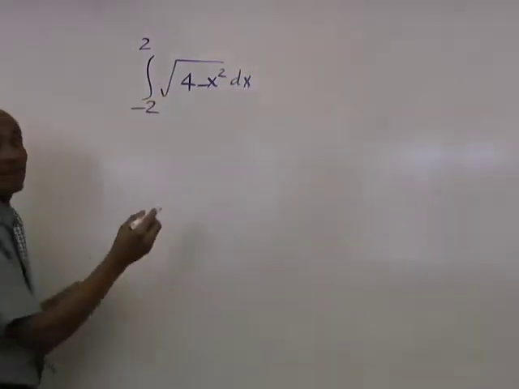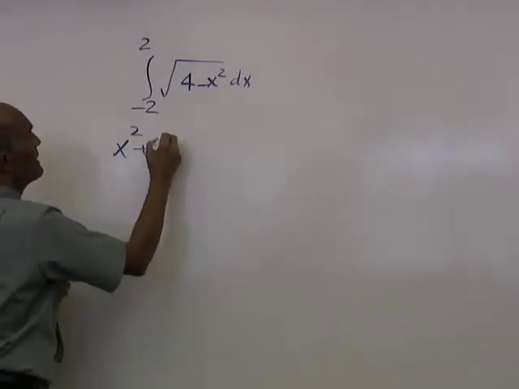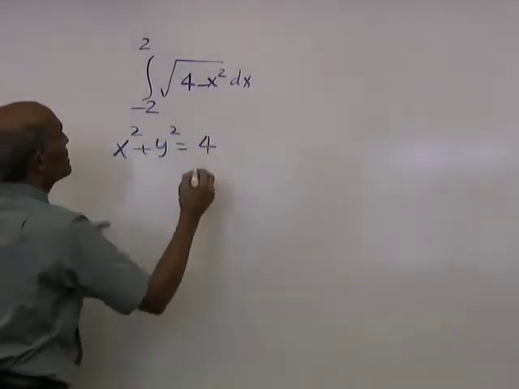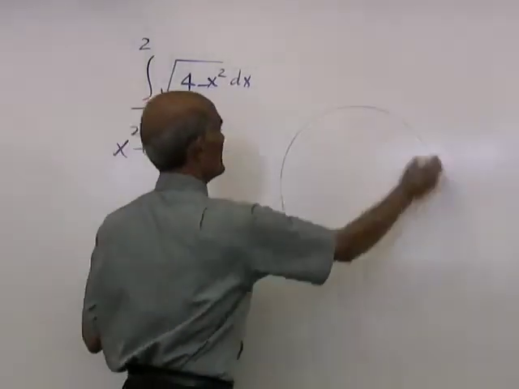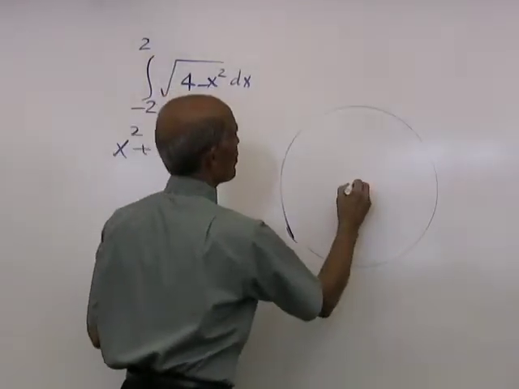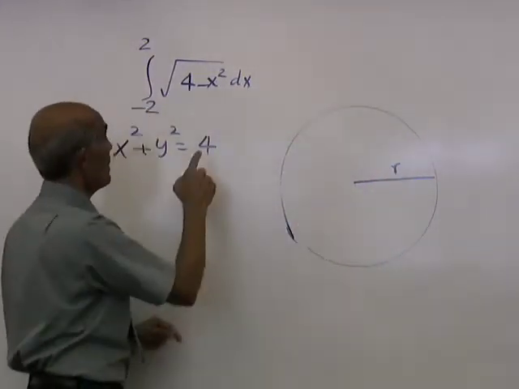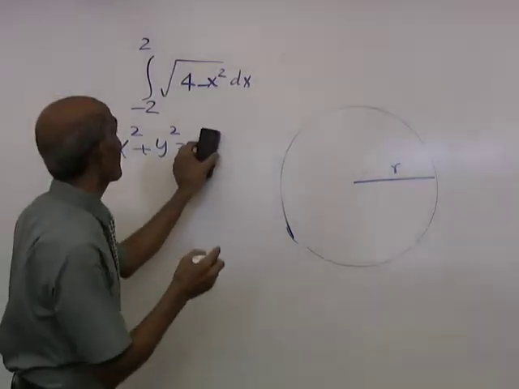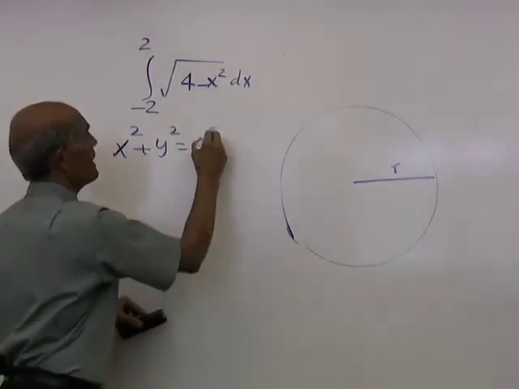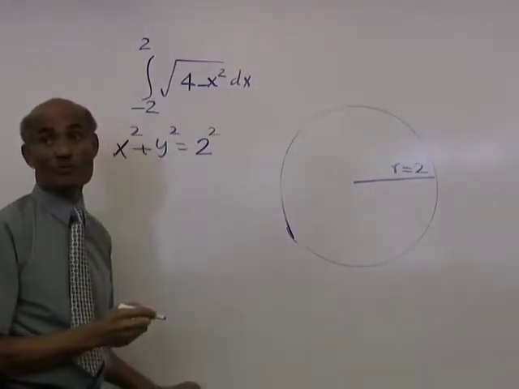If you recall, we have discussed this some time ago. How about this? X squared plus y squared equal to 4 is the equation of a circle, and this is that circle, and the radius of that circle is what? X squared plus y squared equal to 4 is the same as 2 squared. The radius of that circle is 2.